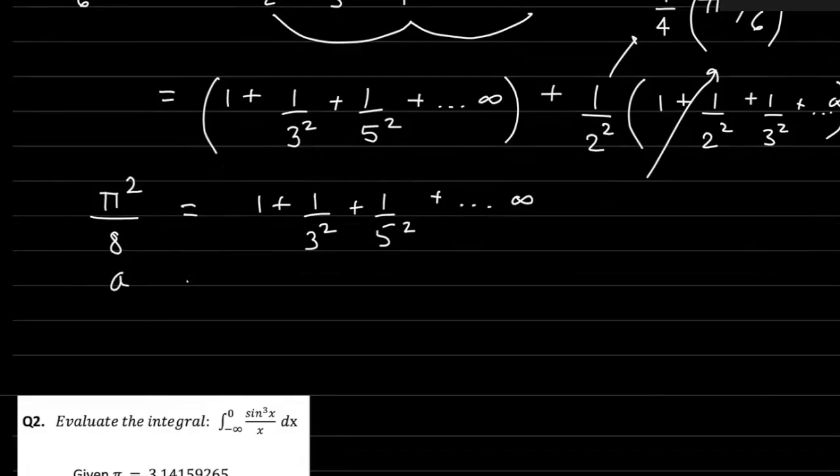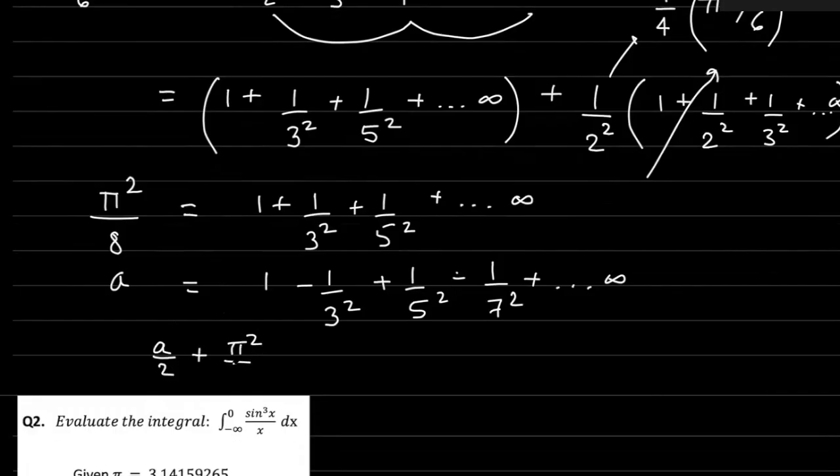Now, a is given as 1 minus 1 by 3 square plus 1 by 5 square minus 1 by 7 square till infinity. Now, if you add both these and then divide by 2, you will get a by 2 plus pi square by 16 is equal to 1 plus 1 by 5 square plus 1 by 9 square plus till infinity, which is the given answer.